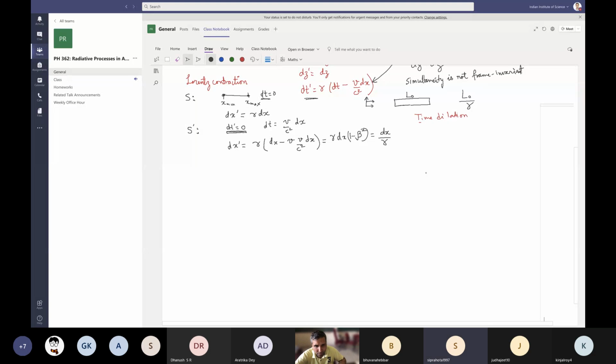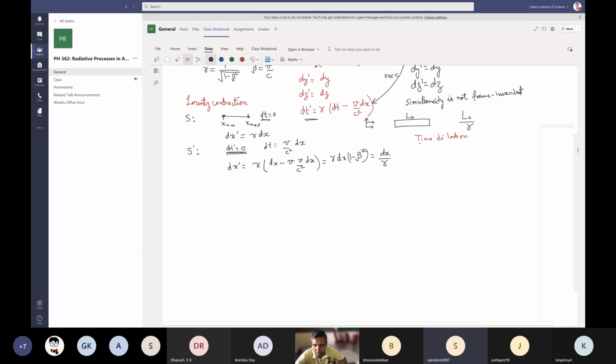When we keep a clock in the moving frame of reference, which is moving relative to the stationary frame S, then when we observe from the stationary frame of reference S, the time will slow down. This is called time dilation, and we get more time.